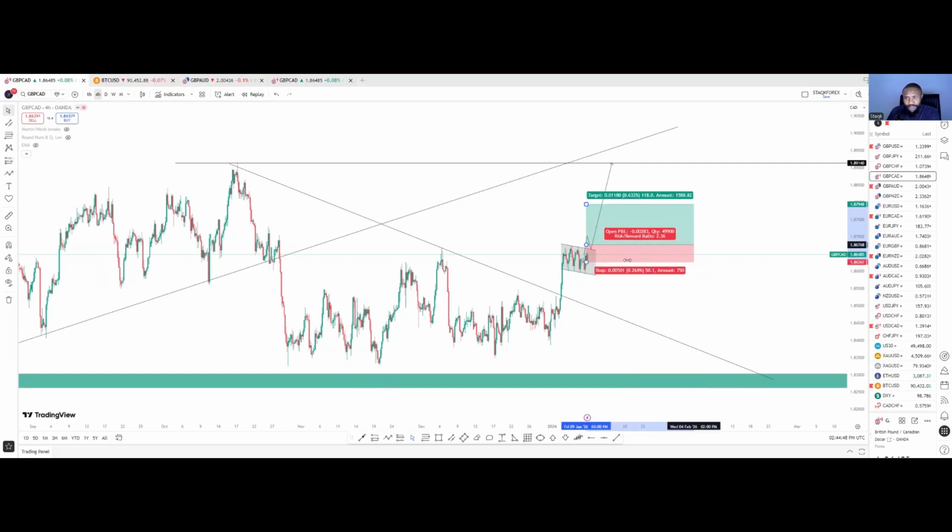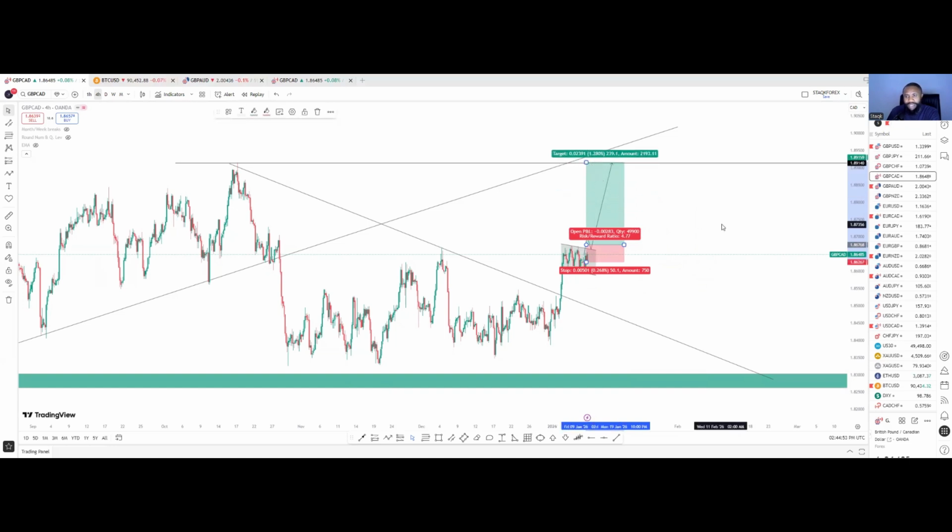Then I will target the recent highs. We have 4.77, which is 4 and a half percent. All right, so this is a nice trade. If you make 4% of your account, it's good. So for me, this week I'll be looking at this GBPCAD to see a breakout and a retest before I go long on this.